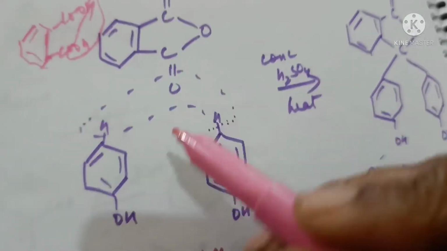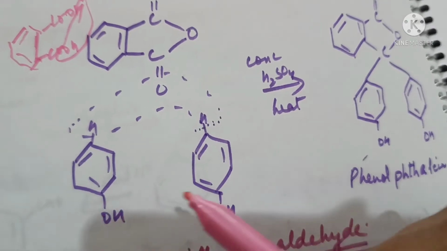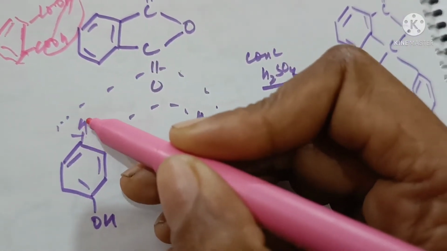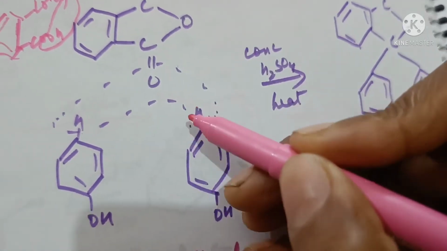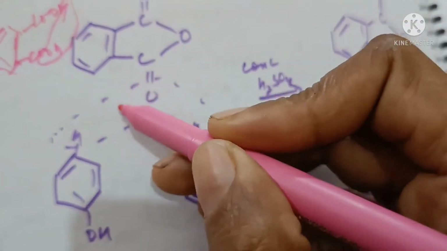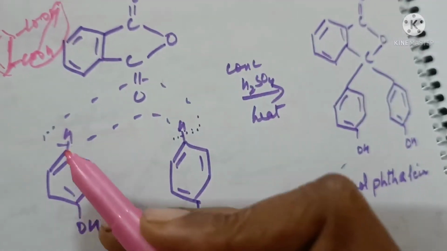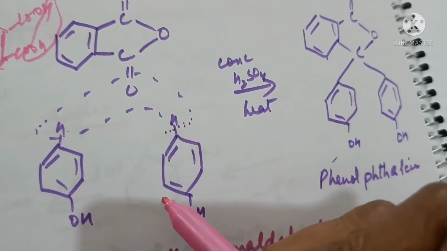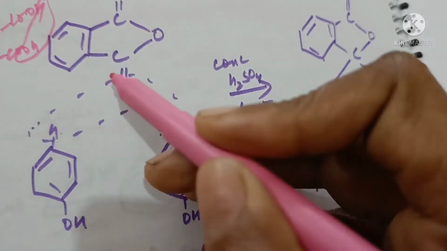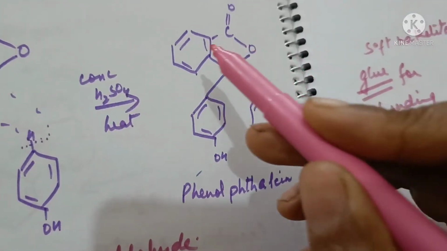So phthalic anhydride reacts with phenol. Two phenol molecules will react, and the para hydrogen position will take part in the reaction. So oxygen of phthalic anhydride and two para hydrogens of phenols combine to form water, and it joins from these two ends to form this compound.